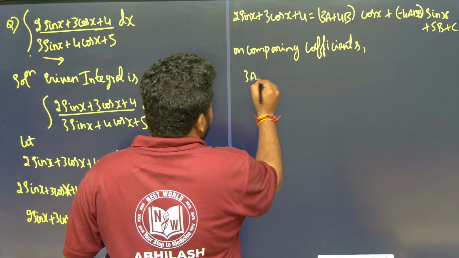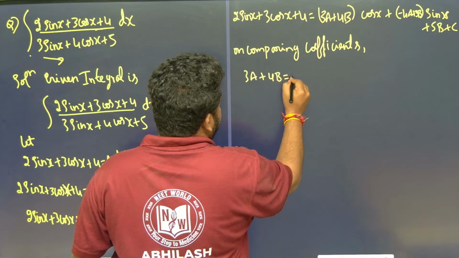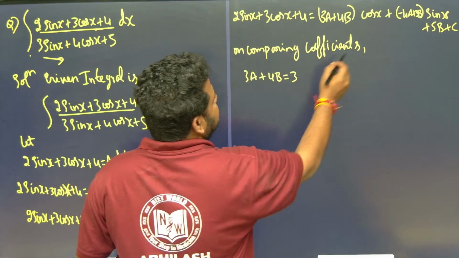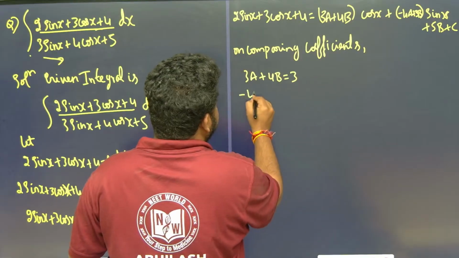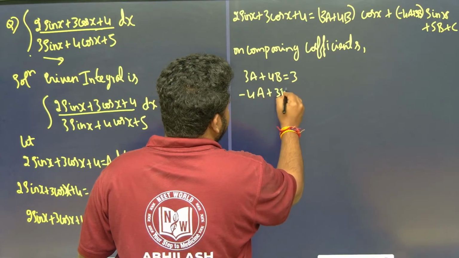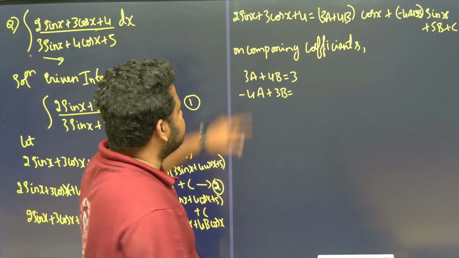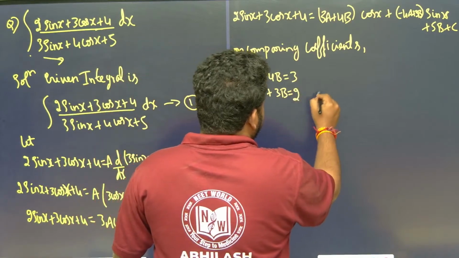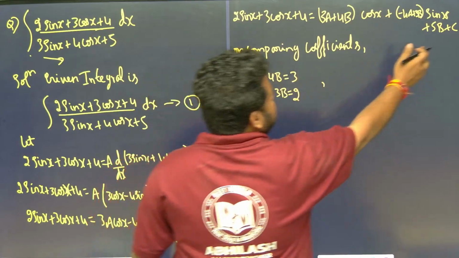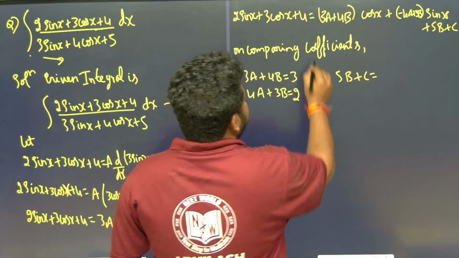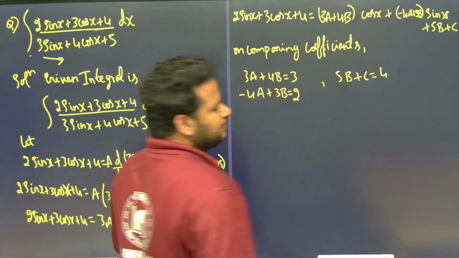For sin x, minus 4a plus 3b will be equal to 2. Now let us talk about the constants. The constant 5b plus c will be equal to 4.